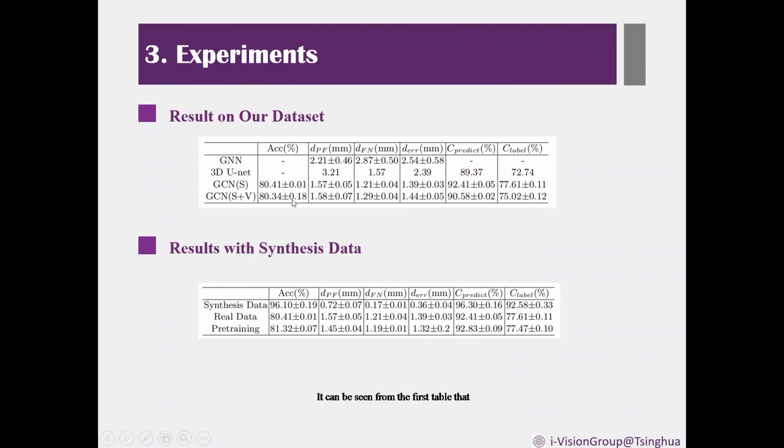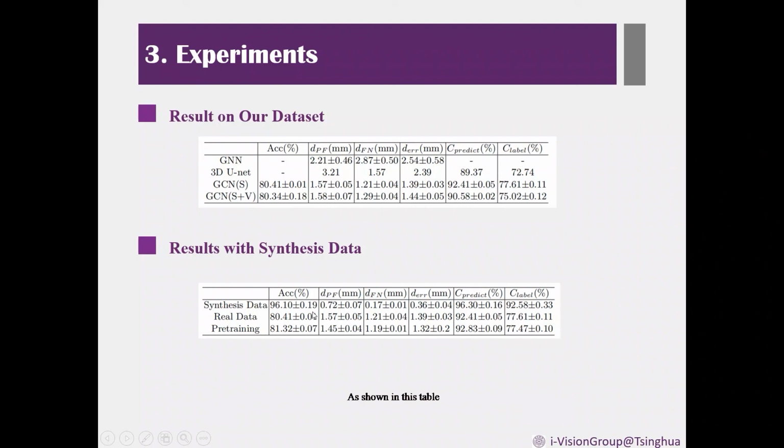It can be seen from the first table that our approach has better performance in reducing fracture and noise on the centerlines. This S represents spatial features, and SIV represents spatial and pixel features. The results show that the spatial feature plays a key role in the GCN model, because the pixel feature has been used in the previous segmentation network.